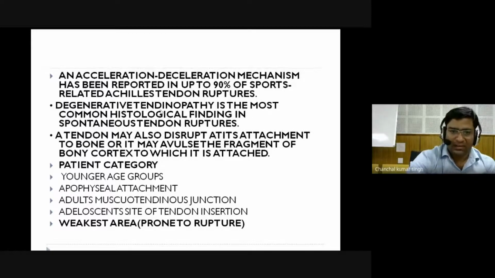Degenerative tendinopathy is the underlying histopathological finding when you have spontaneous tendon ruptures. That means no extrinsic force has acted; the person has been within their physiological limits of activity, such as just getting up from the bed or climbing stairs, and during routine activity had a tendon rupture.